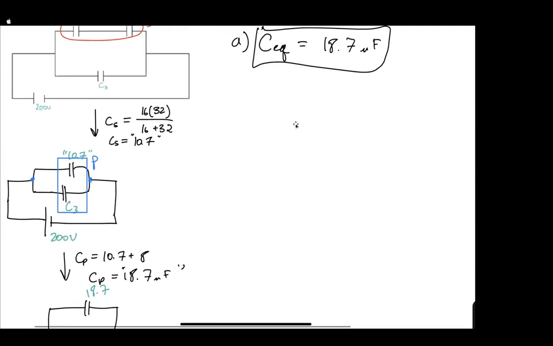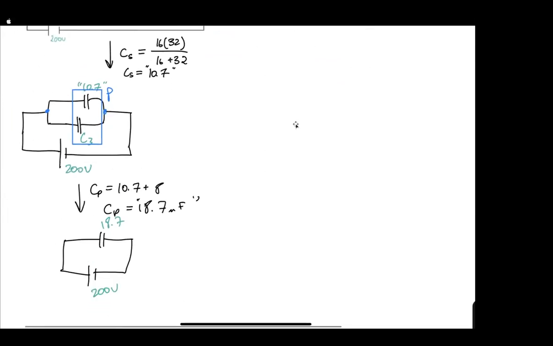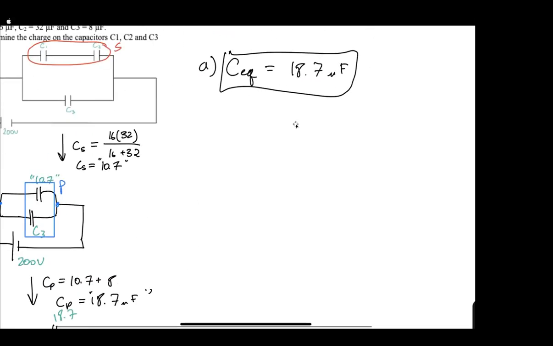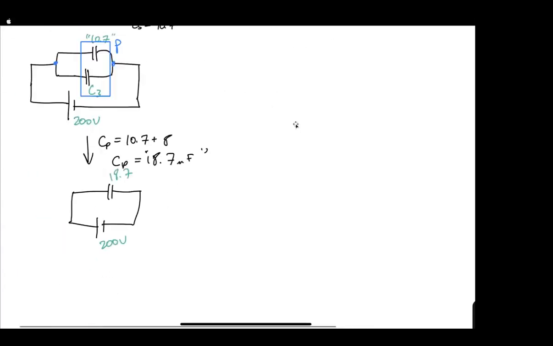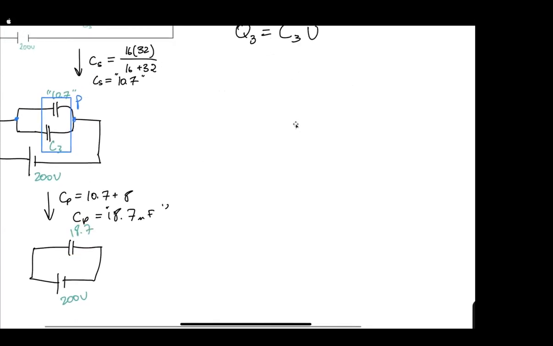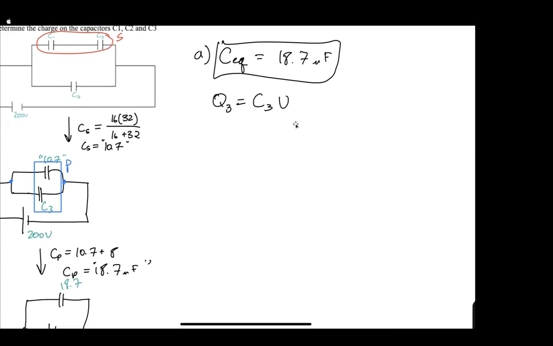Q3, which is in series with the battery there, is equal to C3 times the total voltage. No, I'm sorry, I misspoke. Yes, times C3 is right. And that C3 is equal to 8 times 24, and that whole thing comes out to be 172 microcoulombs.